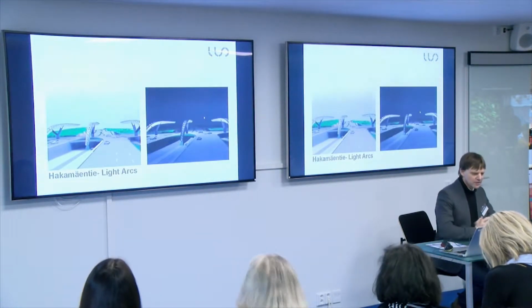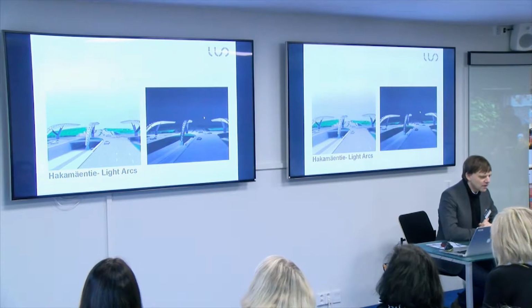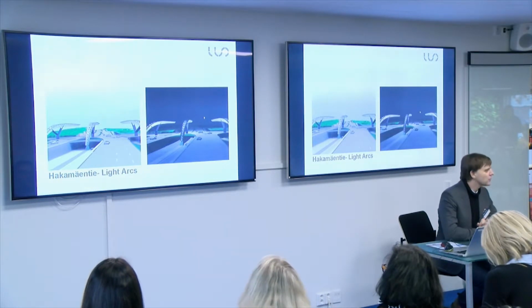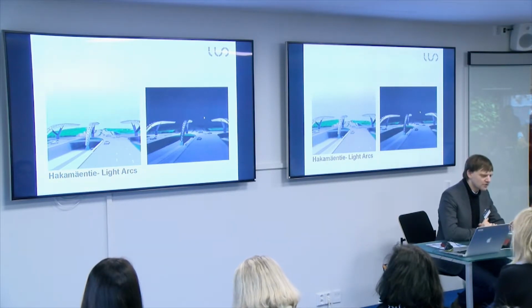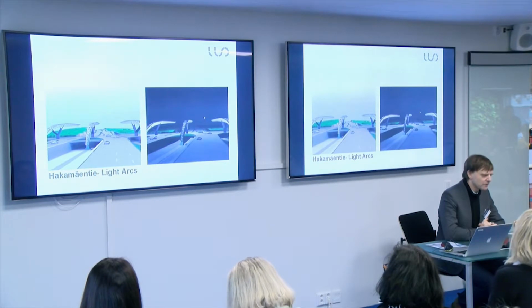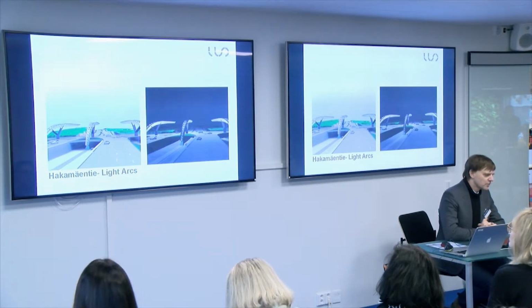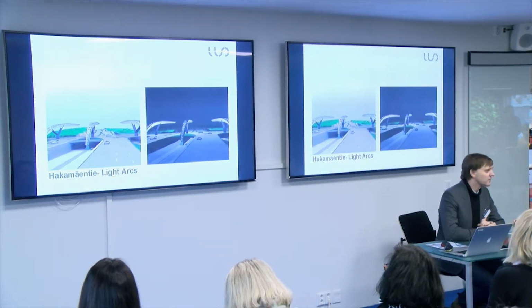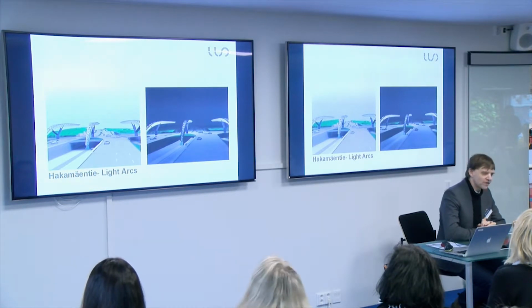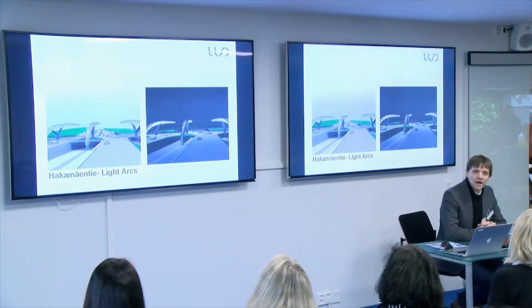So this is a project that LUO-light and I were commissioned to do for Ramboll, the building engineering company, in 2005. We were commissioned to create a lighting concept for Hakamaintie, which was at that time under design.